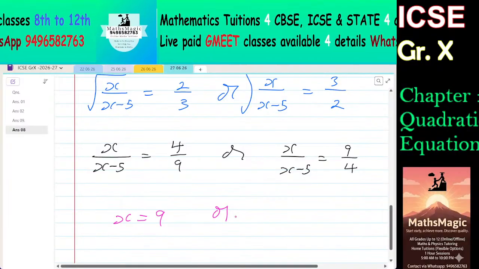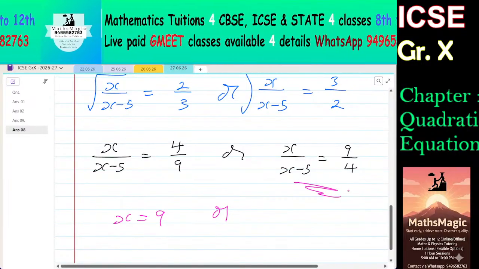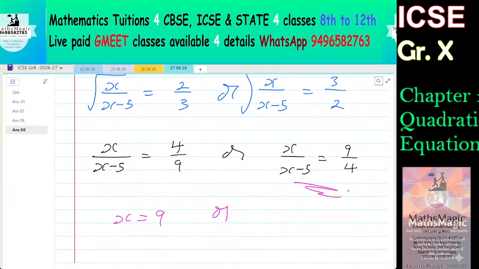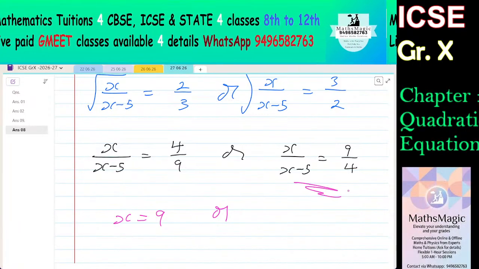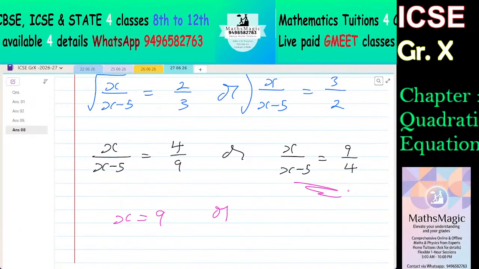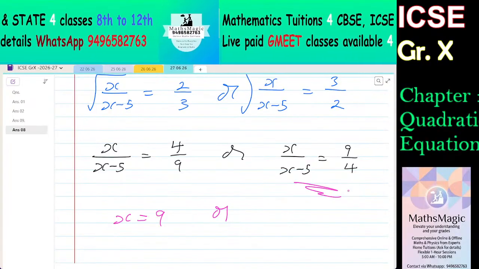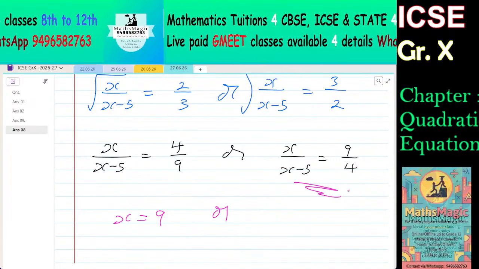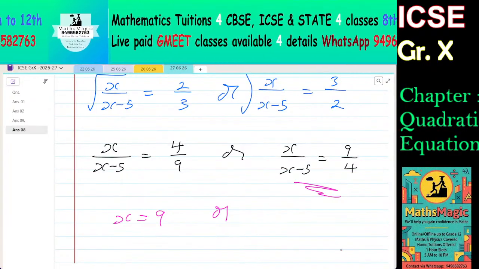And in the other case, 4x equals 9x minus 45. 9x minus 4x is 5x, 5x is 45.